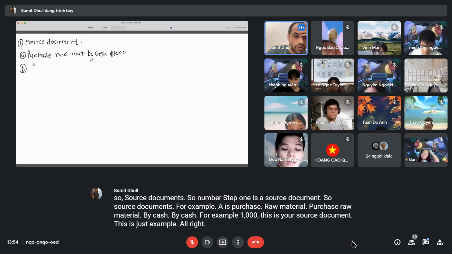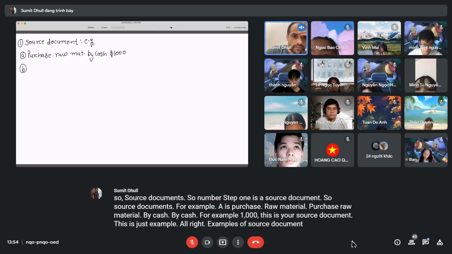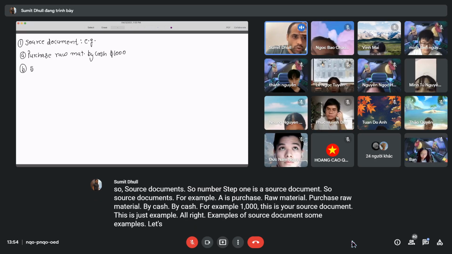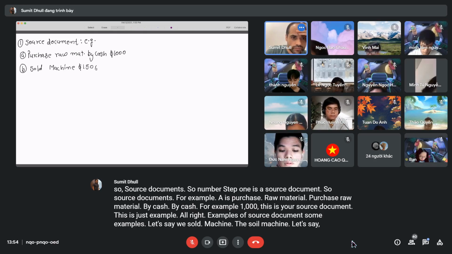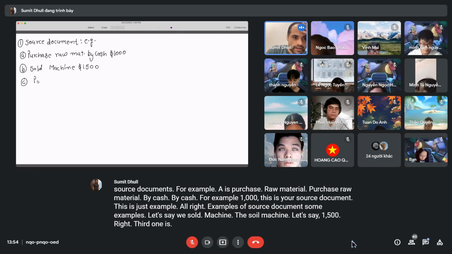Let's say we sold a machine, let's say $1,500, right? The third one is we paid rent, let's say $300.